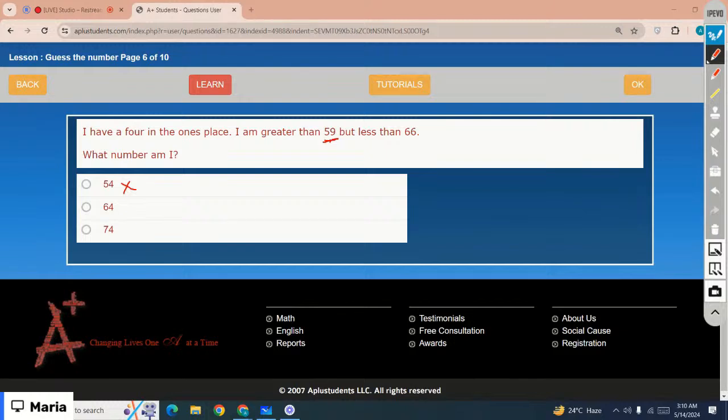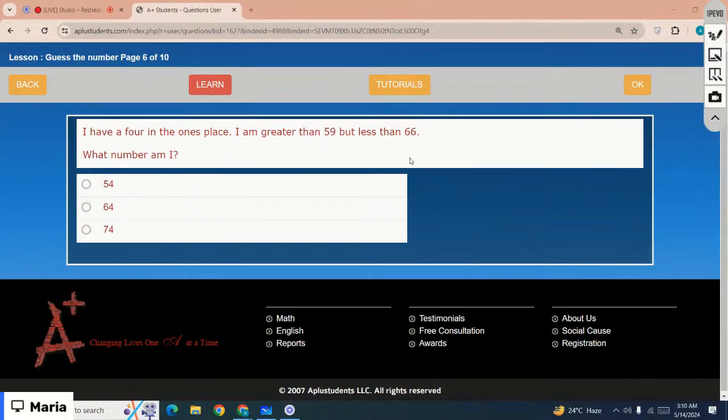The correct option is 64. So the correct option is 64.